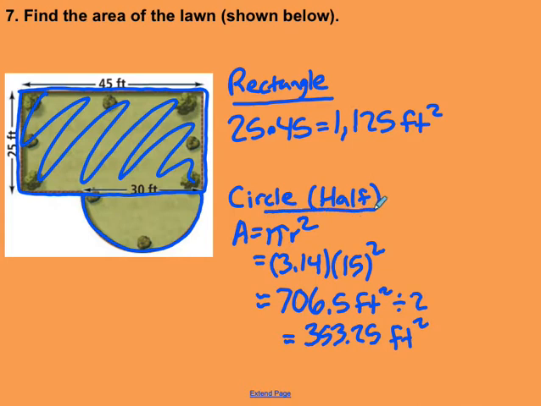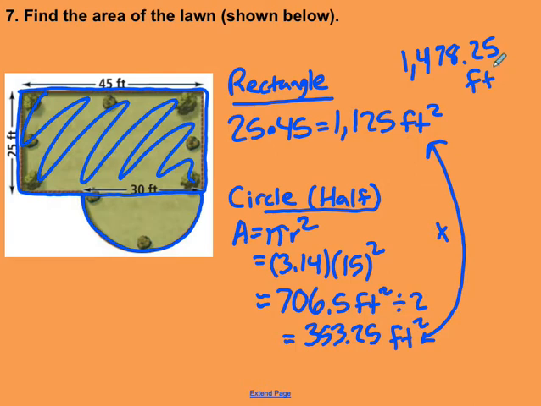So our last thing to do is go ahead and add these 2 numbers together. And when you add them together, the sum will give you 1,478.25 feet squared for your area of that shape.